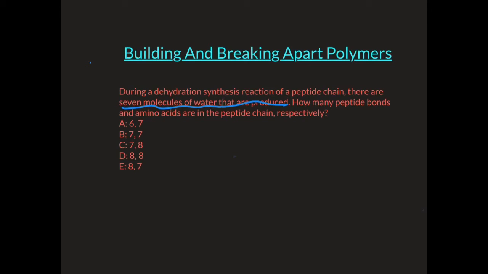Okay, so let's say that we have just A, and we're forming a bond with B. So OH, H, and we want to form a bond. And in this case, let's assume that A and B are separate amino acids. So when we form a bond and we get A and B, this molecule of water is going to be released, right?